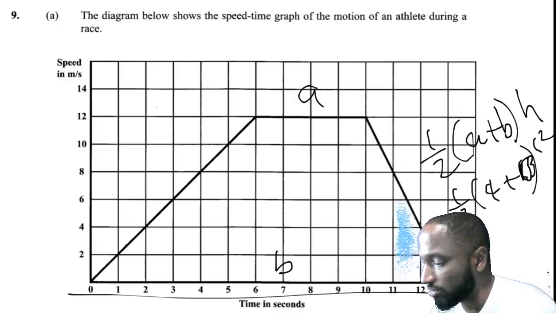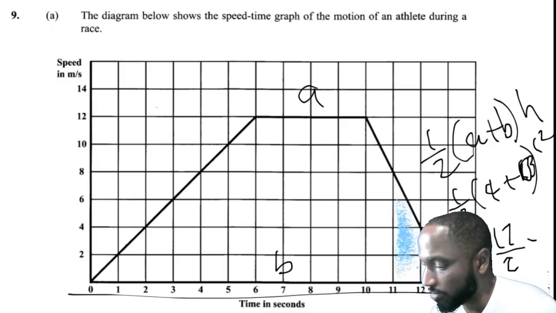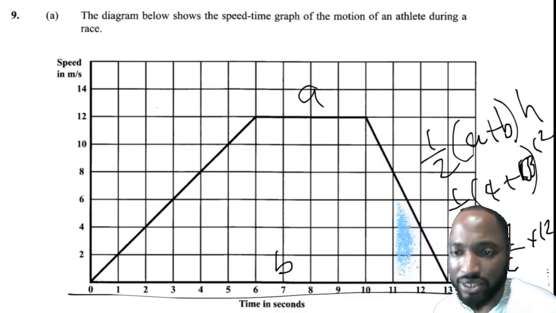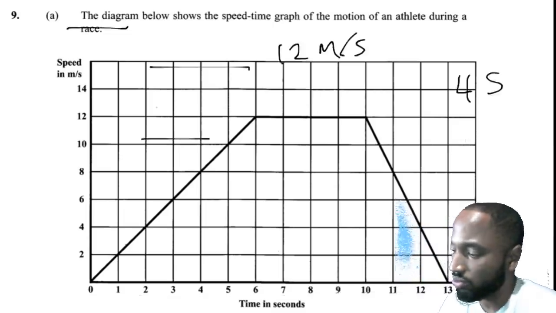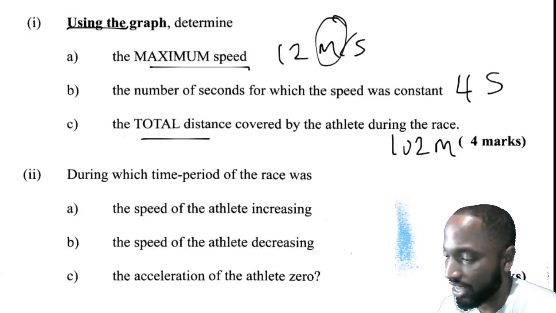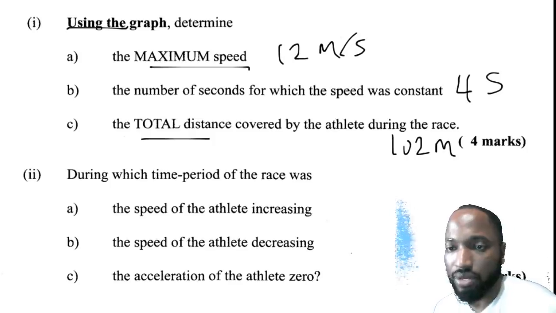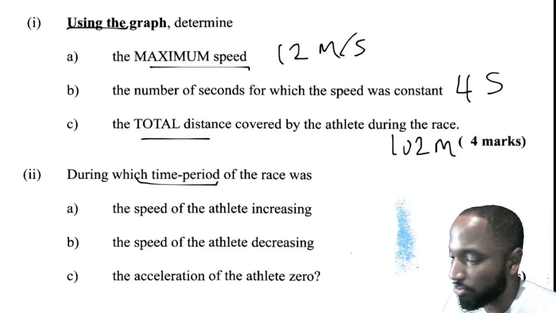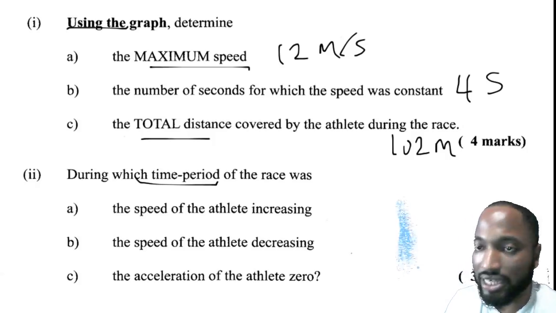So 4 plus 13, it's 17 over 2 multiplied by 12. So you'll end up with basically 6 by 17, which is 102. And you use the unit here, meters. 102 meters. Alright. During which time period of the race was the speed of the athlete increasing?